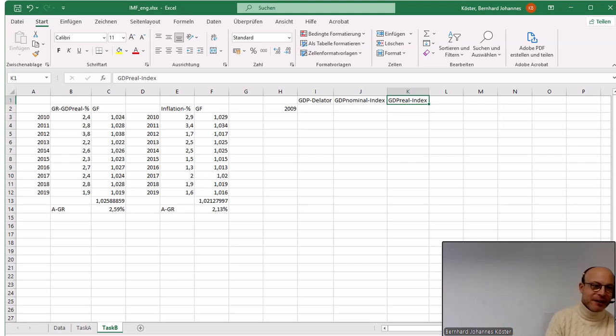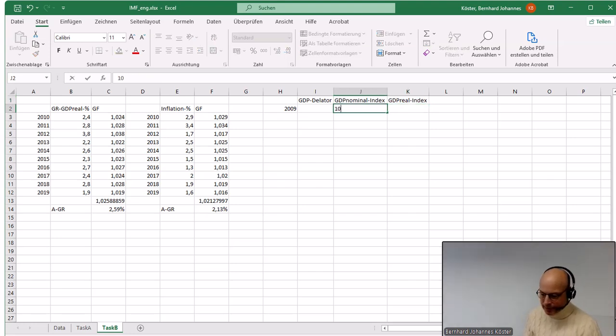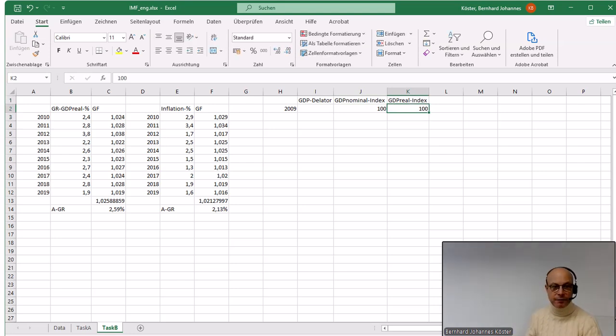It doesn't change anything in your calculation. So I set this to 100. I set this to 100. And then using the formula, well, now it's really simple. Nominal GDP over real GDP times 100 is 100 over 100 times 100, is of course 100.